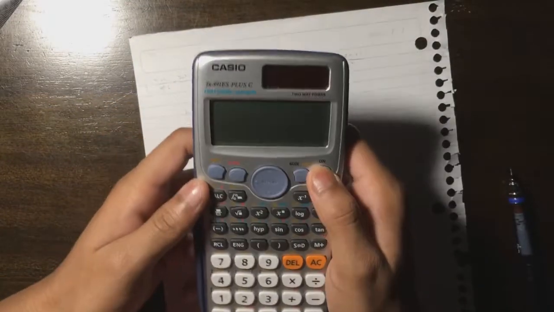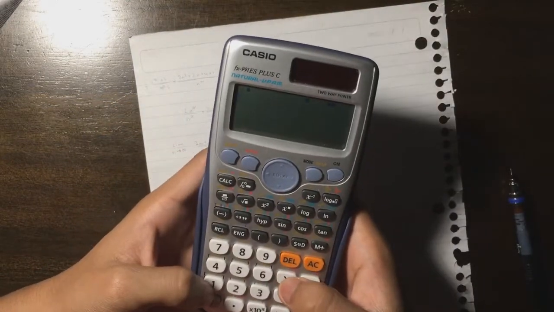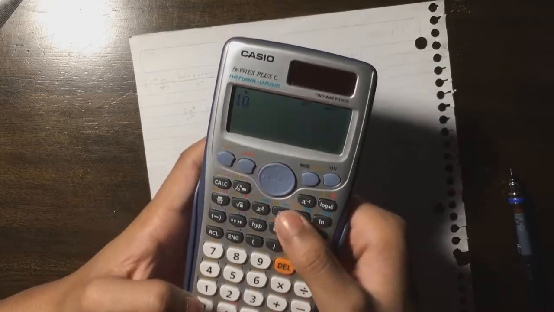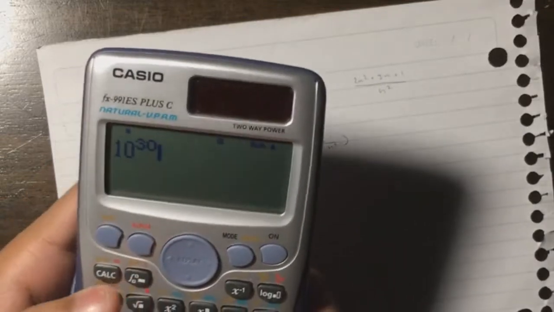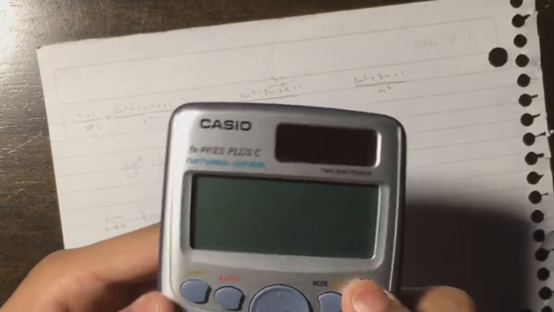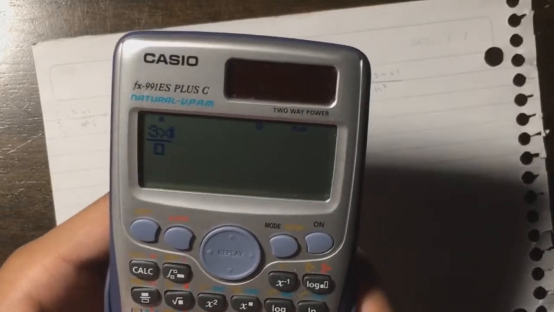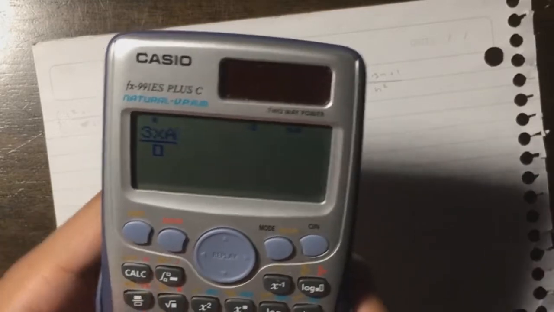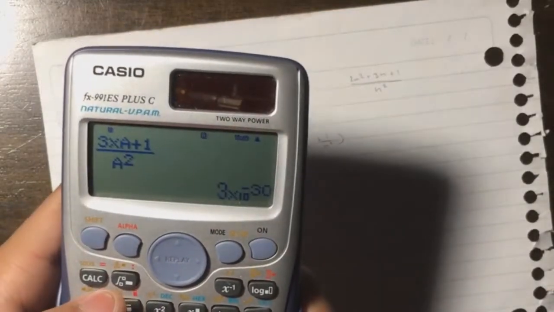Okay, hopefully you can see. We're going to use n as 10 to the power of, let's say, 30. Can my calculator have that? Yeah, I can. Okay, good. So we'll make that equal a. Now we have 3 multiplied by a plus 1 over a squared.